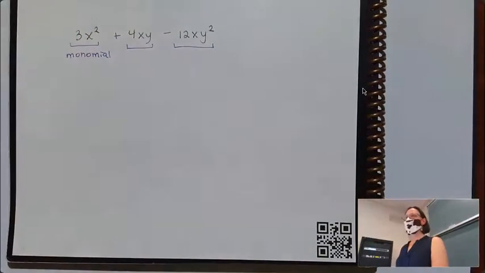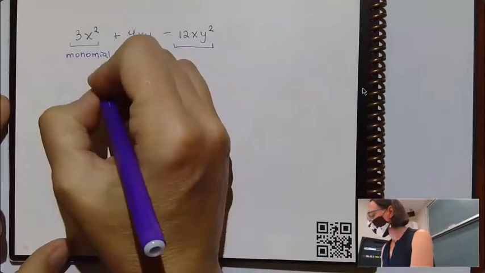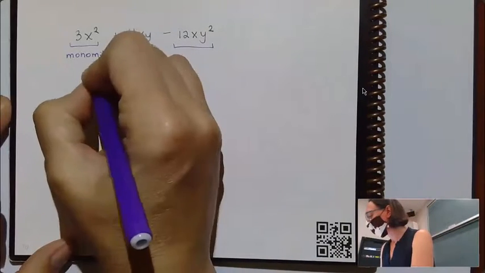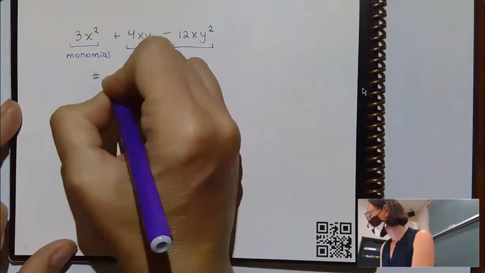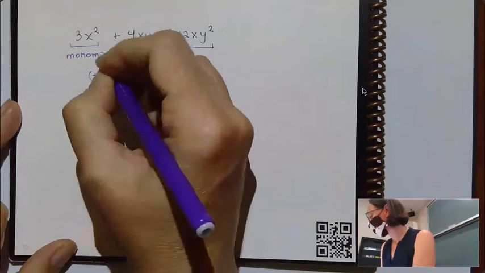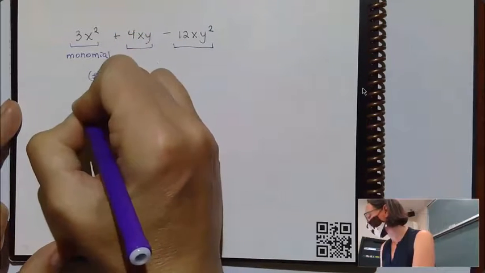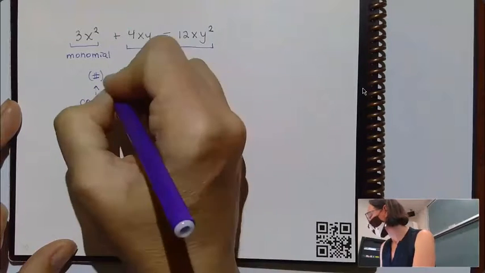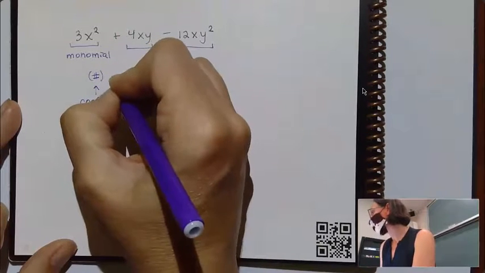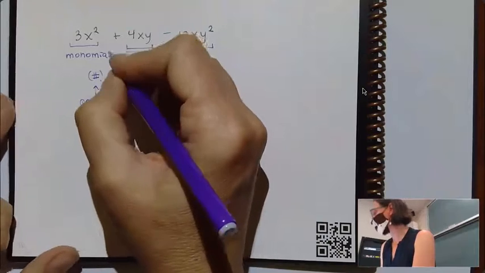Mono meaning one, like it's one thing that's glued together, and each monomial is comprised of a number, potentially, that we call the coefficient. And then we might have variables that are raised to powers.